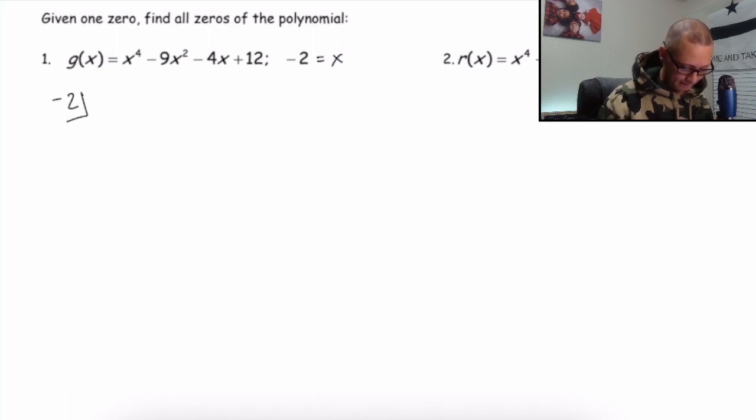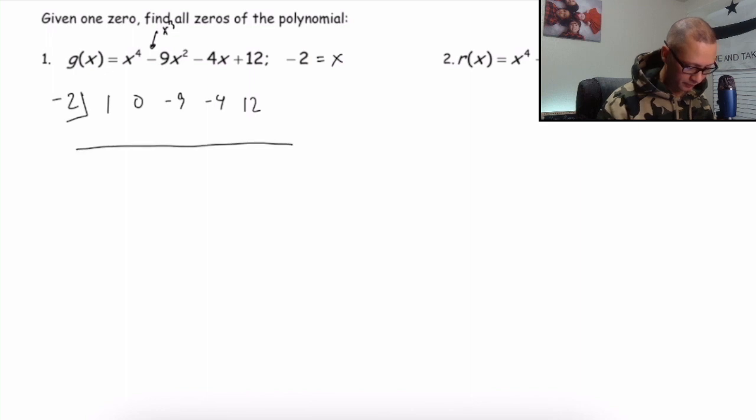Okay. The variables in the polynomial, we're missing an x cubed. They are in descending order. So grabbing the coefficients, we have 1, 0, right, because x cubed is missing, -9, -4, 12.